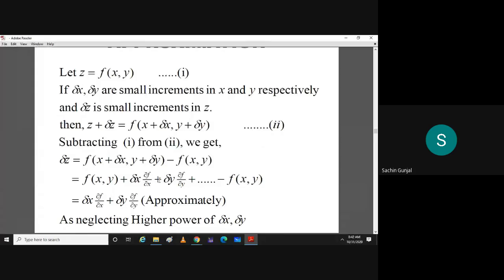The only thing that you don't know is the expansion of f of x plus delta x, y plus delta y in powers of delta x and delta y. That is Taylor's theorem for a two variable function.